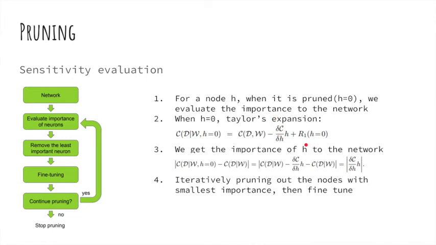If we take the loss when H is not pruned minus the loss when H is pruned, it's the loss gap, which is also the sensitivity. So the first order partial derivative of the loss function with respect to H times H is the sensitivity of the node H. If sensitivity is low, we prune out this node, then fine-tune the network, and then repeat step 1 to step 4.